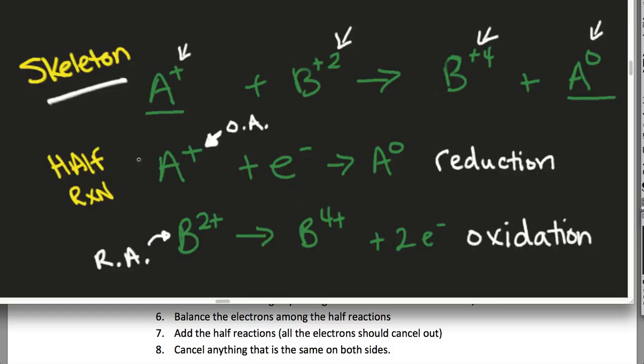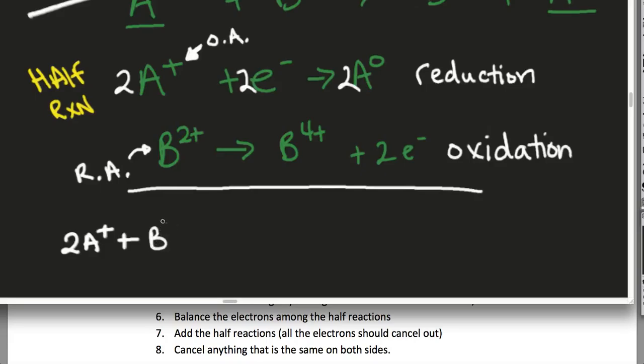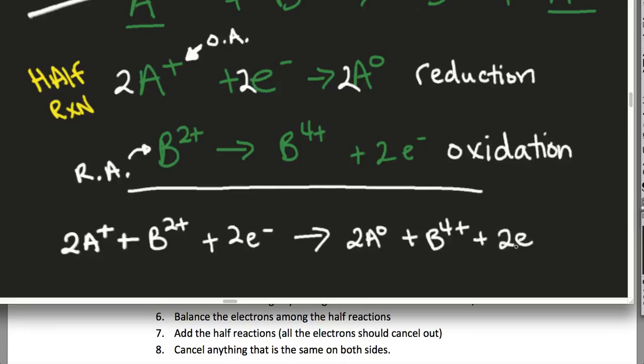If I multiply the top equation by a 2 here, and here, now the electrons will cancel, and then all you do is add the 2 equations, and when you do that, you're going to get a 2A plus... Now what you need to notice here is that the electrons are the same number on either side.